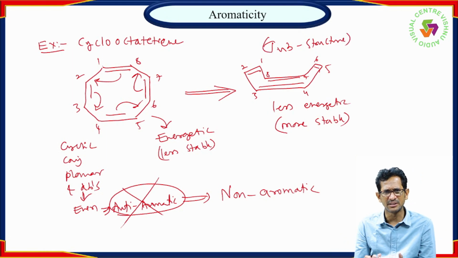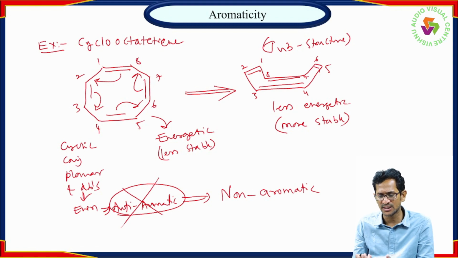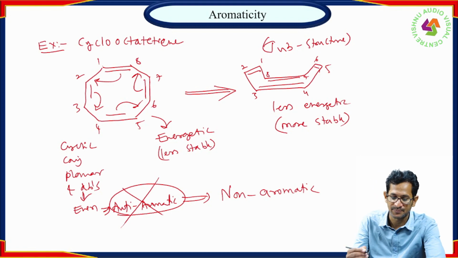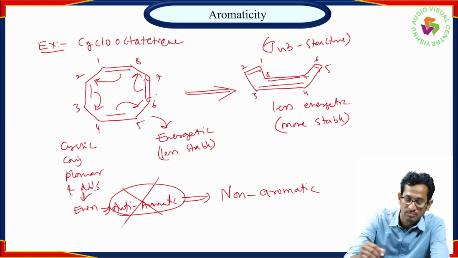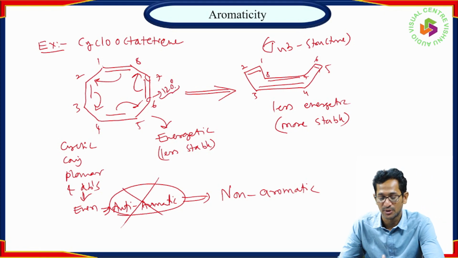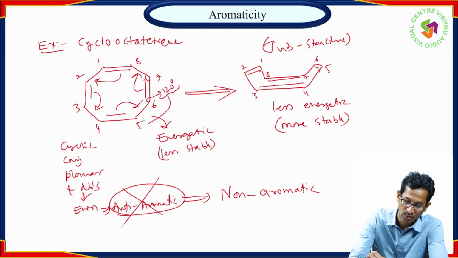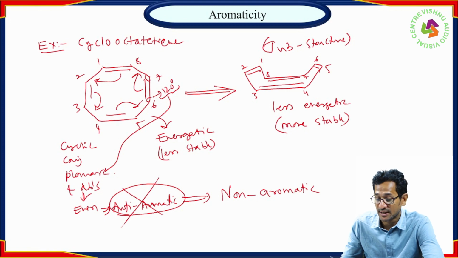Why is it losing its anti-aromatic character? Here the angle between the carbons is 120 degrees with sp2 hybridization, and 120 degrees leads to planarity.